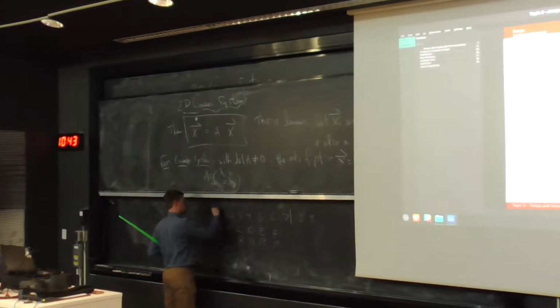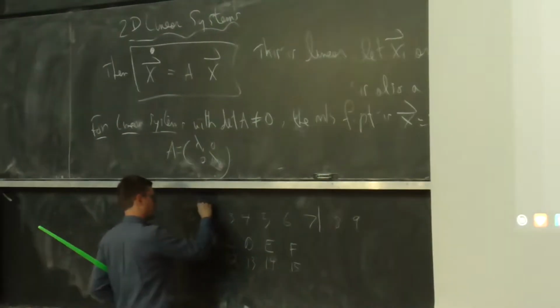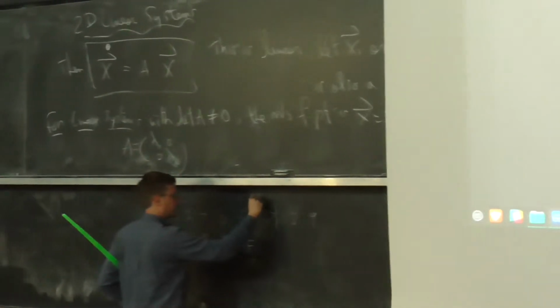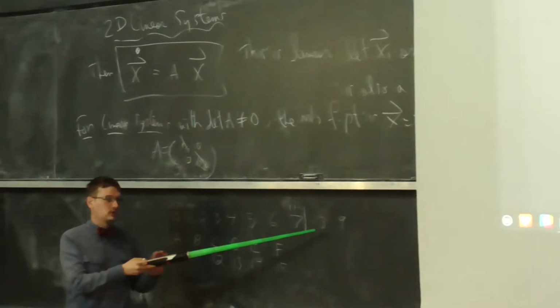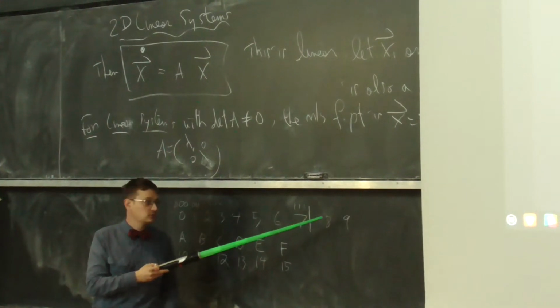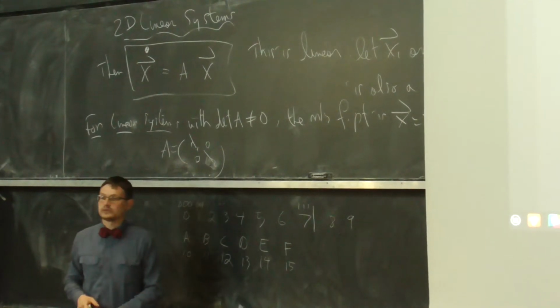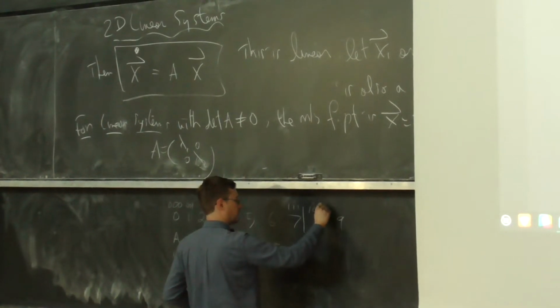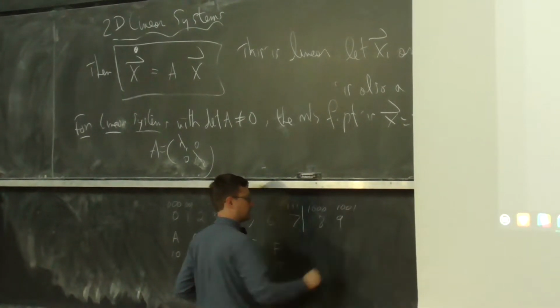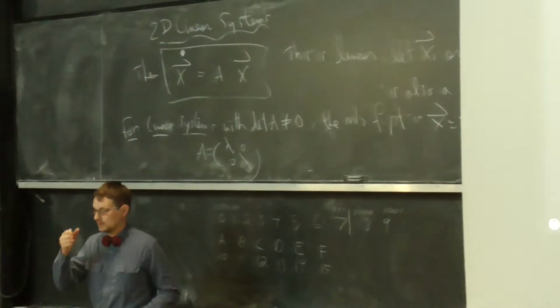You have 000, 001, etc., all the way up to 111. Past that point, you require 4 bits to represent 8 or 9, right? 1000 and 1001.